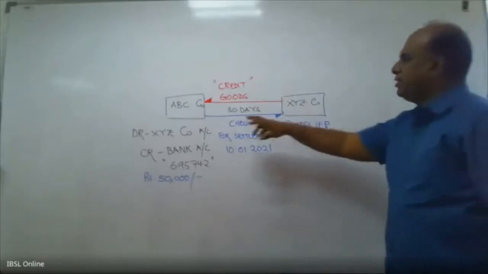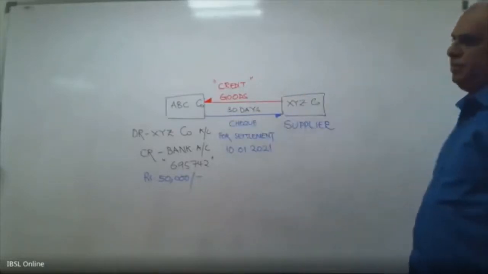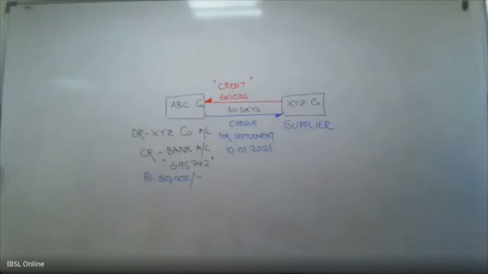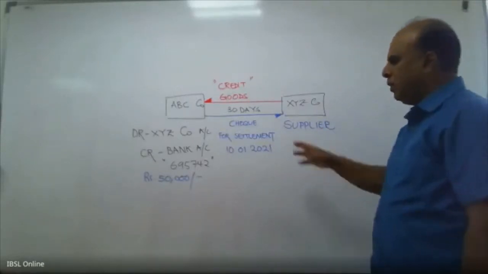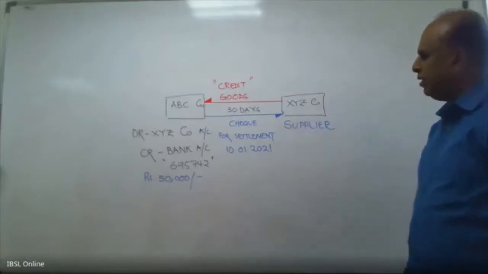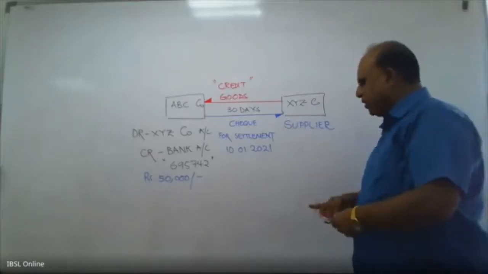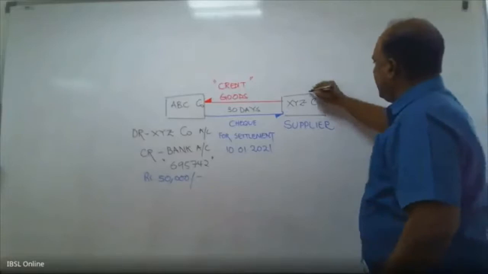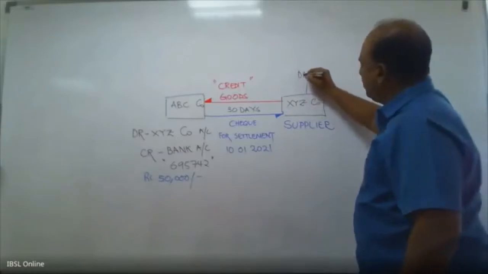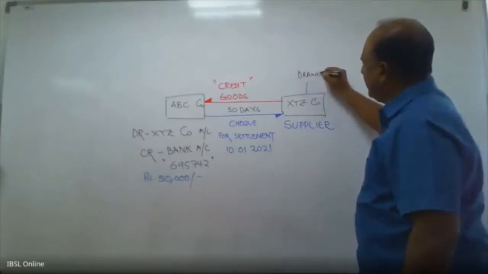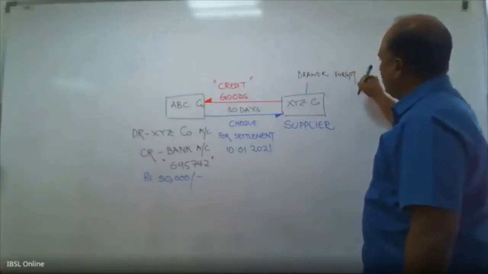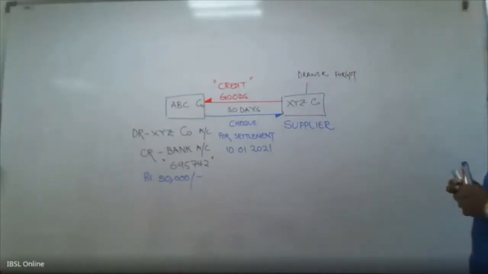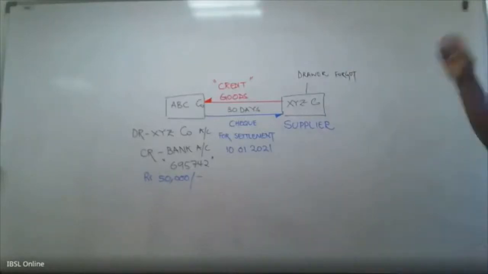Now the check has gone here. And this person, XYZ company, whoever the accountant or whoever, has put this check in his table drawer, and he has forgotten it. So this check is now lying there.